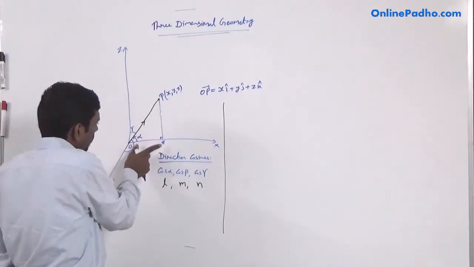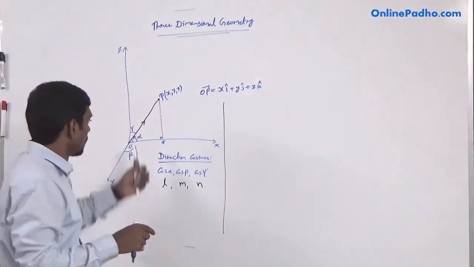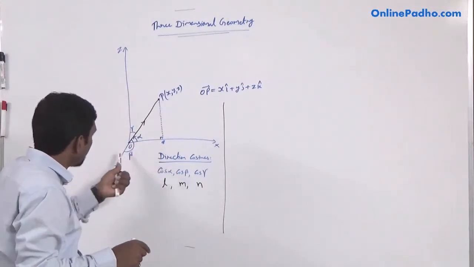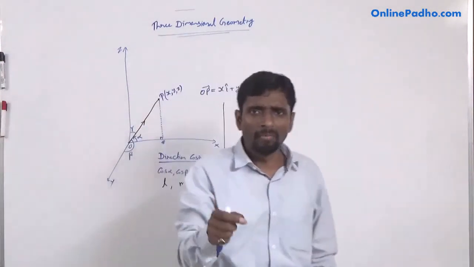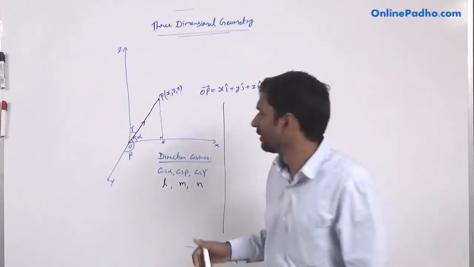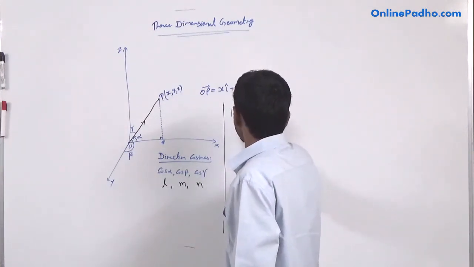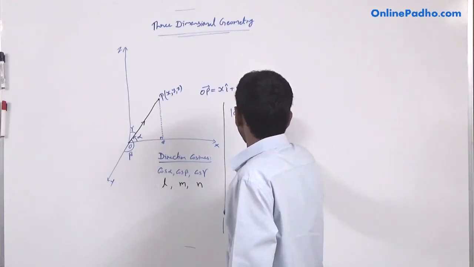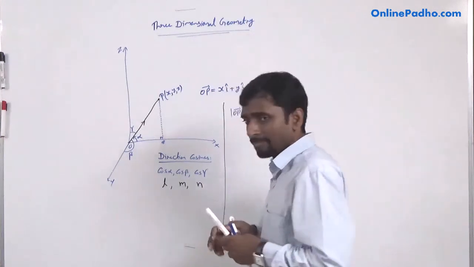So cos alpha is equal to base by hypotenuse. You know cos theta is equal to b by h. So cos alpha can be written as x divided by the length of OP. What do you mean by the length of OP? Length of OP means the magnitude of the OP vector. So the magnitude of the OP vector can be written as square root of x square plus y square plus z square, right?